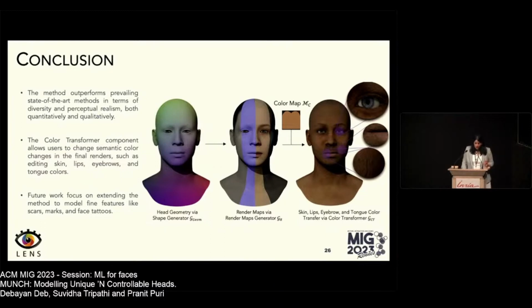The color transformer component allows users to change semantic color in the final renders, such as editing lips, skin, eyebrows, and tongue colors. The future work focuses on extending the method to model fine features like scars, marks, and face tattoos.